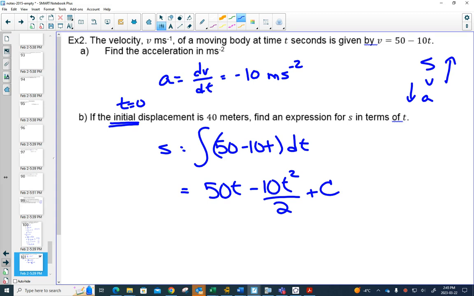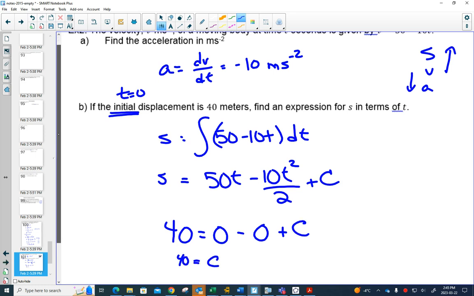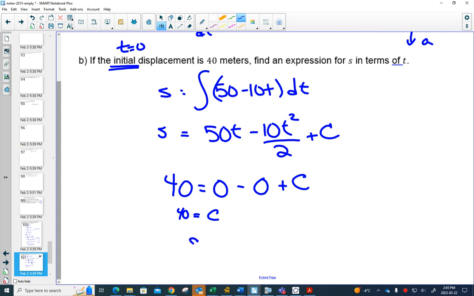So an initial displacement of 40, so I can plug in 40, I can plug in 0. So C would have to be 40, so my final displacement equation is 50t minus 5t squared plus 40.